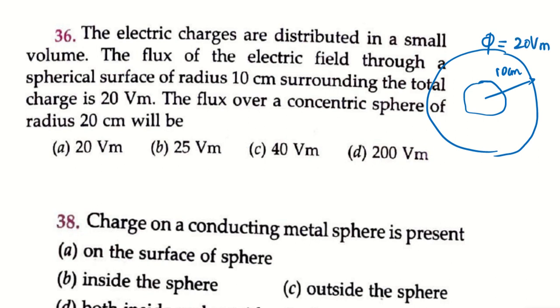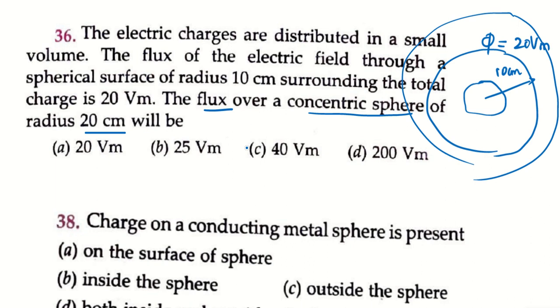Now we have to find the flux through a concentric sphere of radius 20 centimeter. So we have another big sphere of radius 20 centimeter. How will this electric flux change?